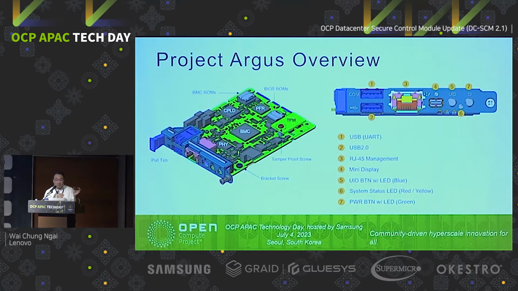And you can see there are a lot of interfaces that are already built in, including the USB, the UART, which is mainly for debug purposes. The USB underneath is a standard USB 2.0. And then you can see the RJ45. We have a mini DisplayPort. We also have a button that allows us to do the UID, which is to indicate the location of the device, as well as the power button and the LED showing the status of the system.